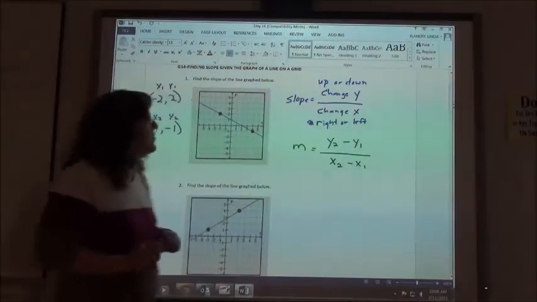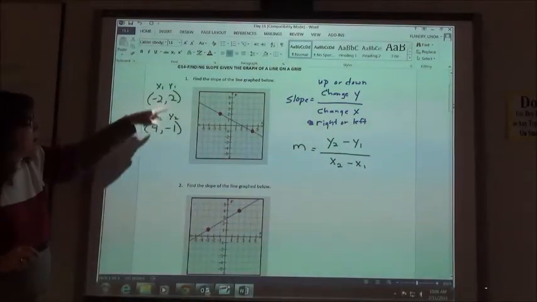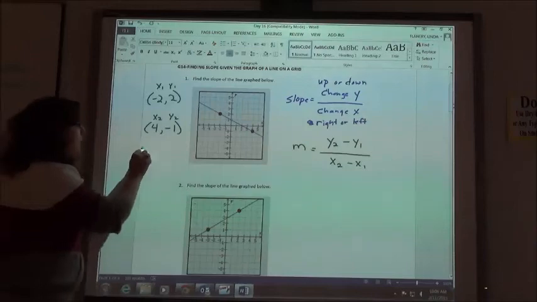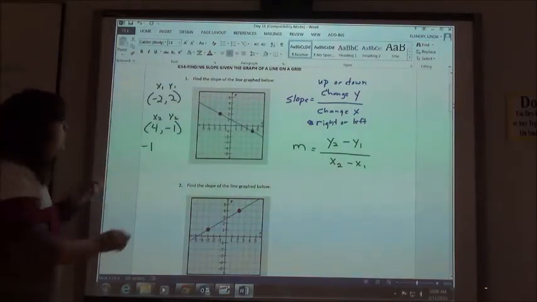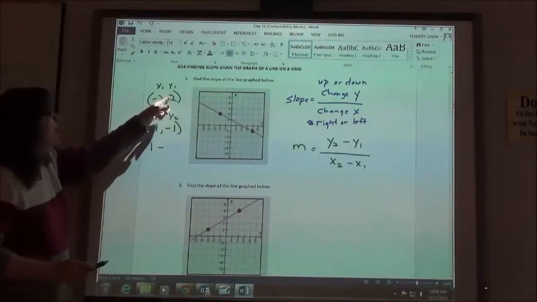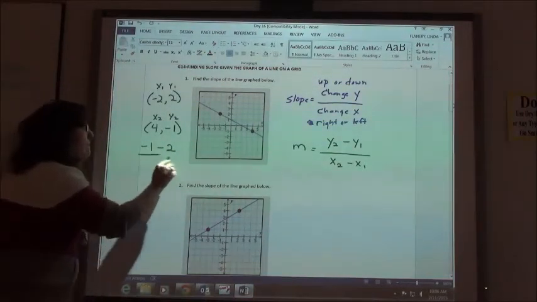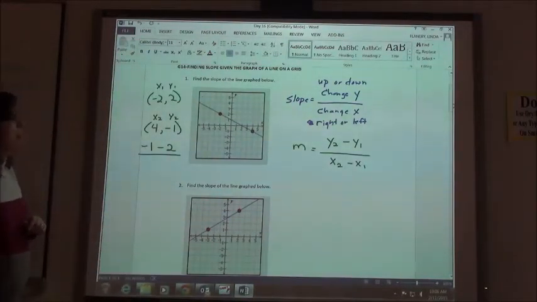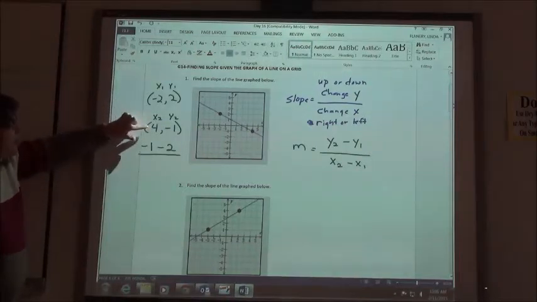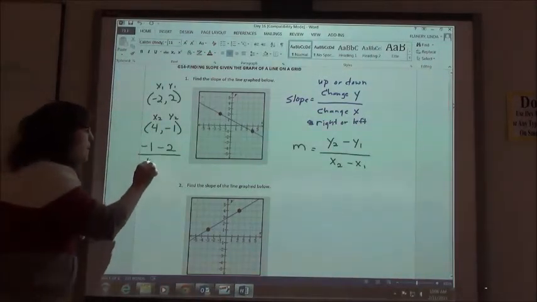If I plug them into my formula, the y value from point 2 is -1. I'm going to subtract the y value from point 1, which is +2. On the bottom, I'm going to take the x value from point 2, which is 4.